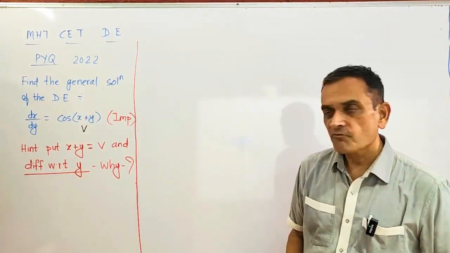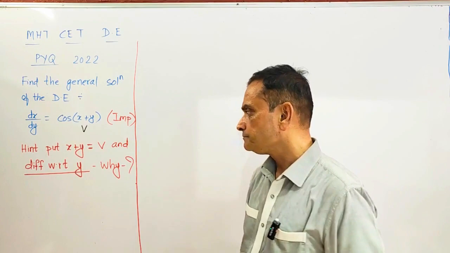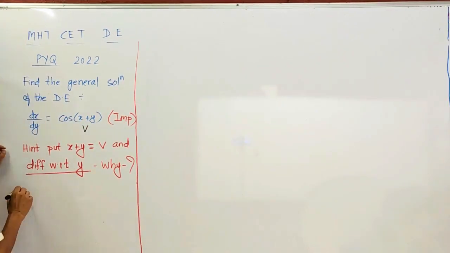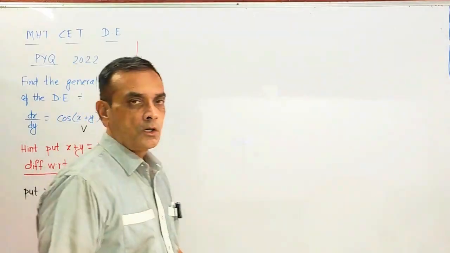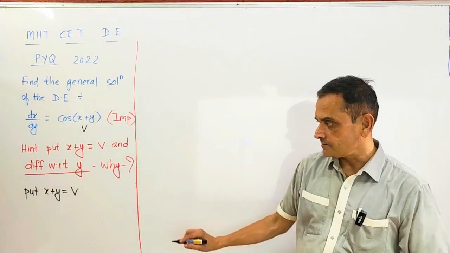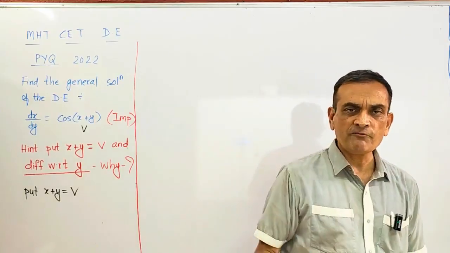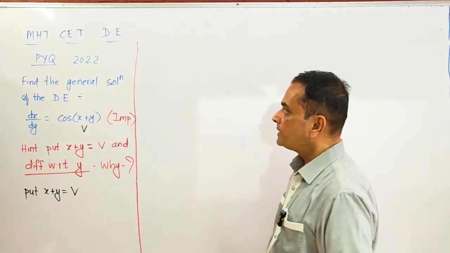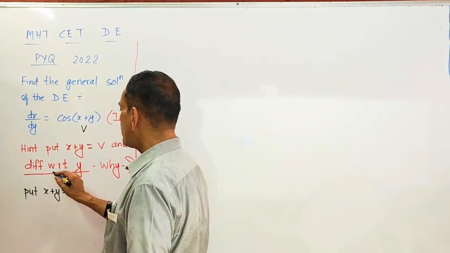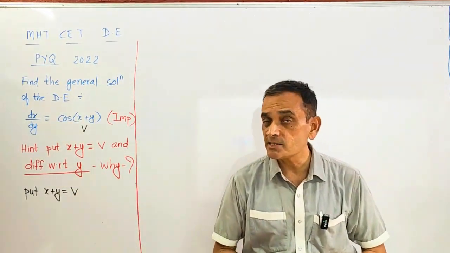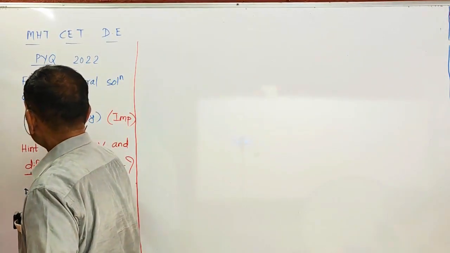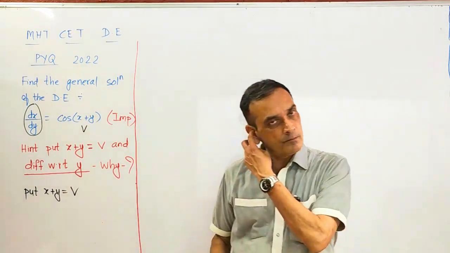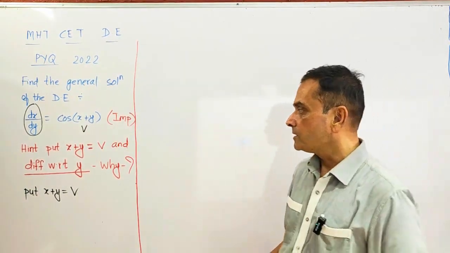So we'll go according to the hint and I'll explain why. First step, now usually we differentiate with respect to x. After substitution we have to differentiate, but for this particular problem we have to differentiate with respect to y. Why is it so? Because if you observe carefully, dx by dy is given in the equation. Dy by dx is not given.